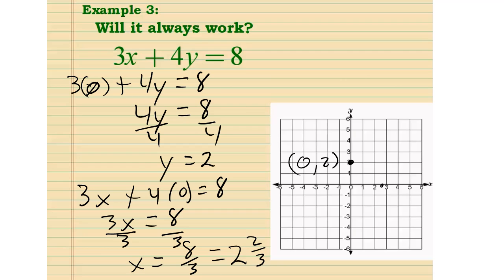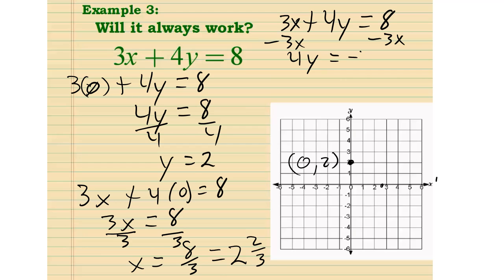So let's go back to isolating y. 3x plus 4y equals 8. I'm going to subtract 3x from both sides. I get 4y is equal to negative 3x plus 8. Divide all three sides by 4, and I get y is equal to negative 3 over 4x plus 2.